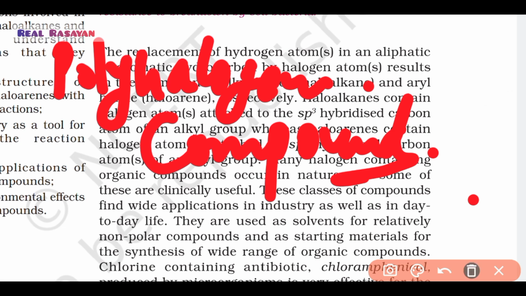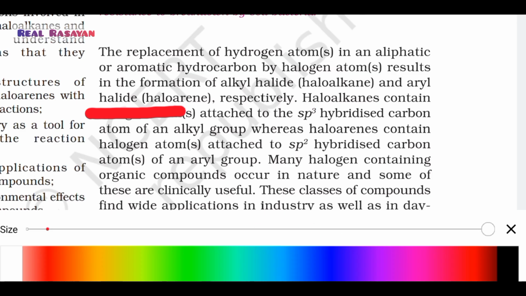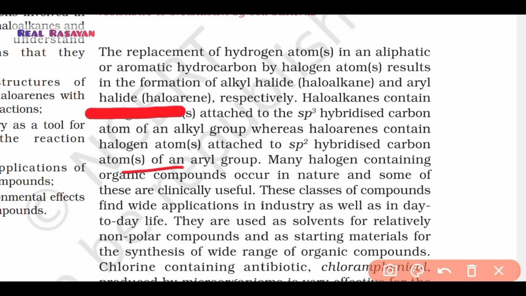Aliphatic means the straight chain compound, and aromatic is the cyclic compound, or the compounds containing 4n plus 2 pi electrons, following the Huckel rule.